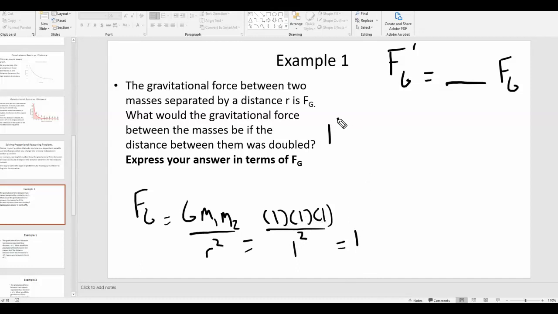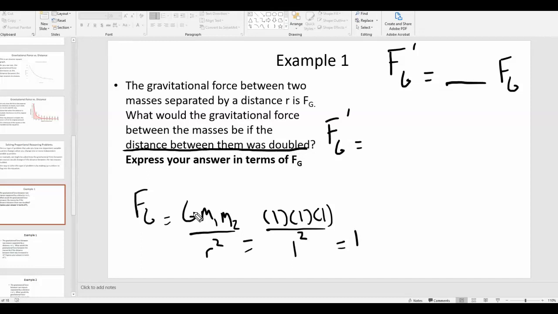Then, here's what I'm going to do. I want to find my new force of gravity and see how that compares to the original force of gravity. But I need to make a change, because the question says, what if the distance between them was doubled? So now, keeping my original numbers, I'm going to make those changes.